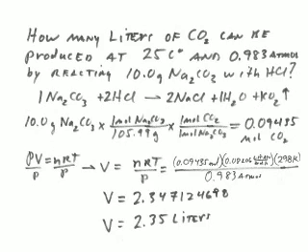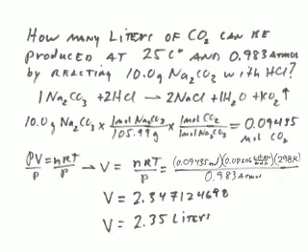10 grams sodium carbonate divided by 105.99 grams per mole. That's the formula weight for sodium carbonate. 1 mole of sodium carbonate produces 1 mole of CO2, so we're going to produce 0.09435 moles of CO2.